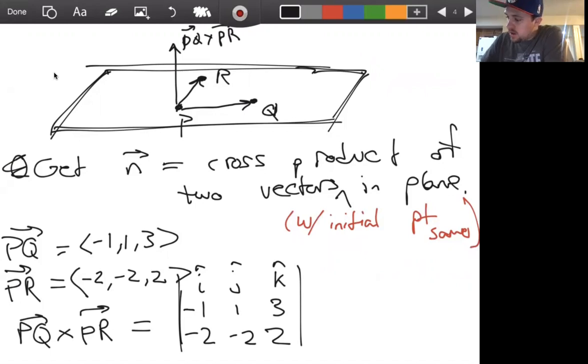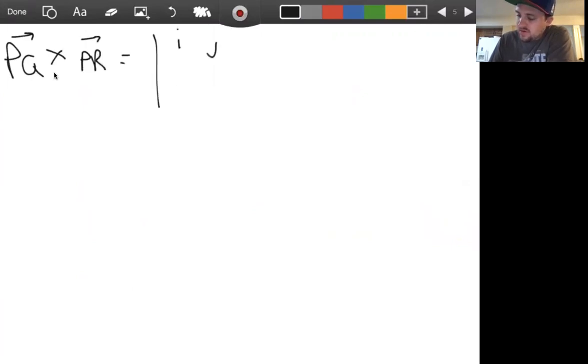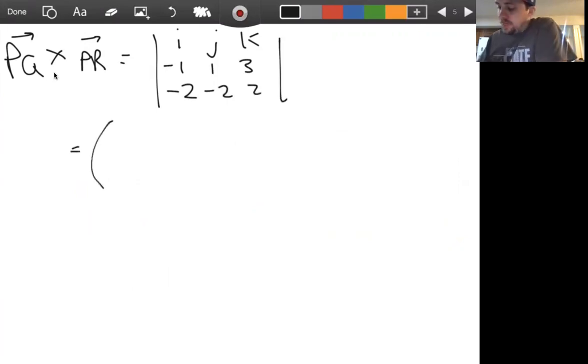So let's go to the next page for a little more room here. PQ cross PR is the determinant of ijk, -1, 1, 3, -2, -2, 2, which we start with i. We look then at the corresponding 2x2 submatrix, which is 1, 3, -2, 2. Take its determinant, so we get 2 minus a -6.